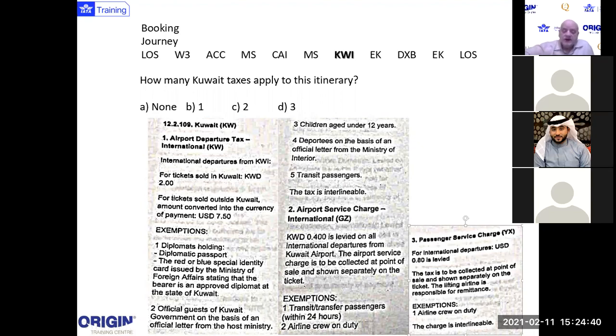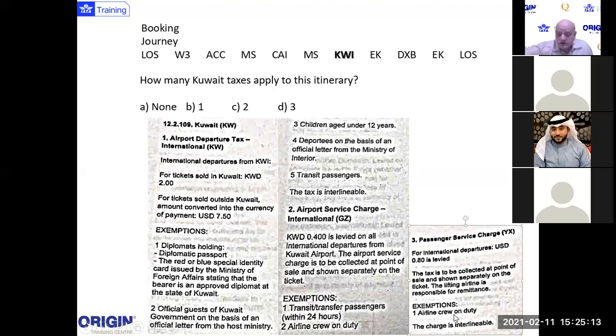Now, the validating carrier is W3. The lifting carrier, that's the carrier who is actually flying the flight. That's EK. Yeah, the flight leaving Kuwait is EK. So it doesn't matter. It's put on the ticket by W3.